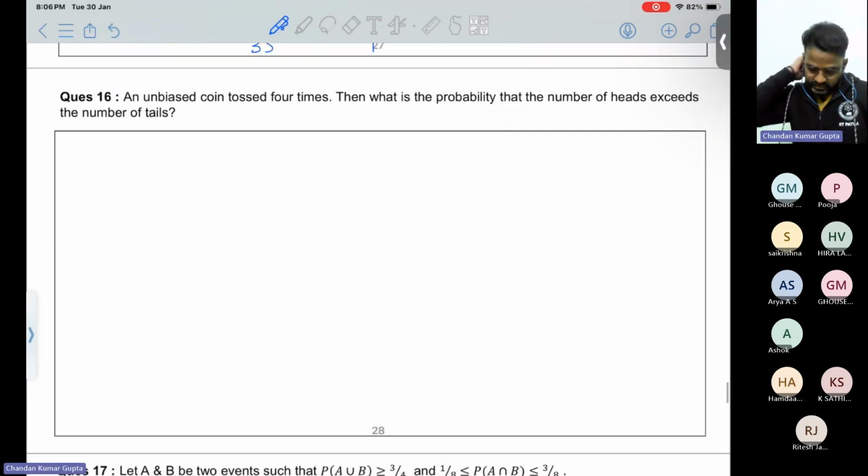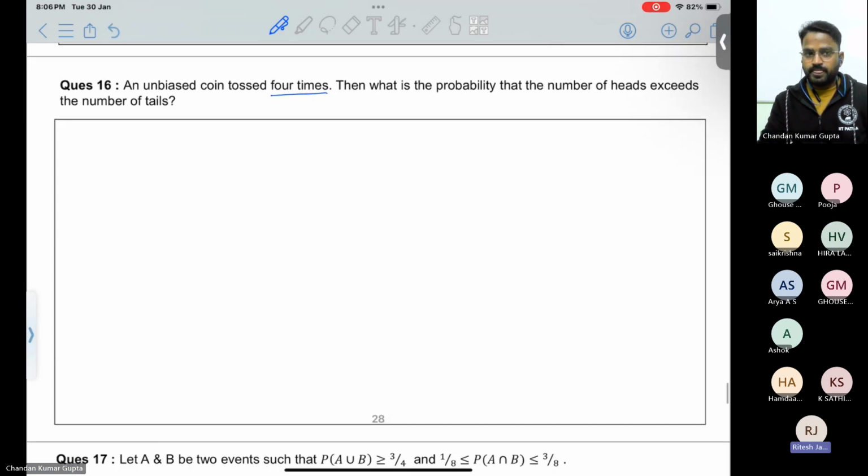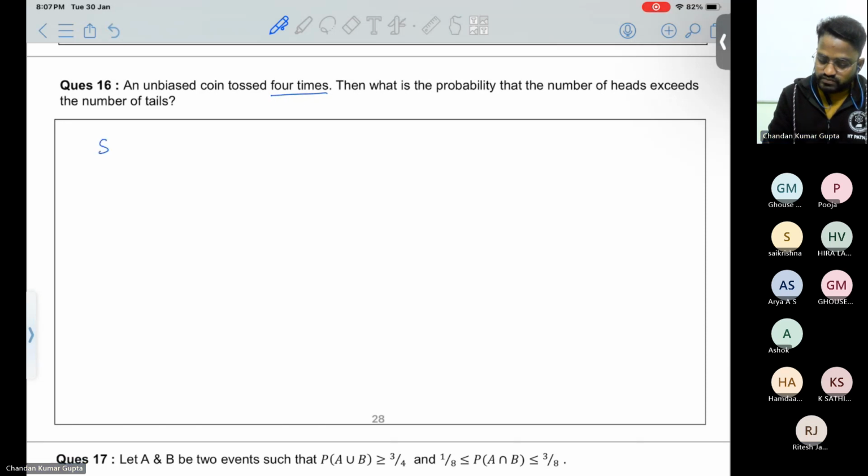Okay. Again, we have an unbiased coin tossed 4 times. The number of possible outcomes, can anyone tell? 16. Exactly. So the sample space is 2 to the power 4, that is equal to 16.